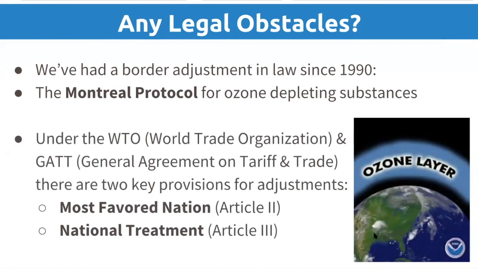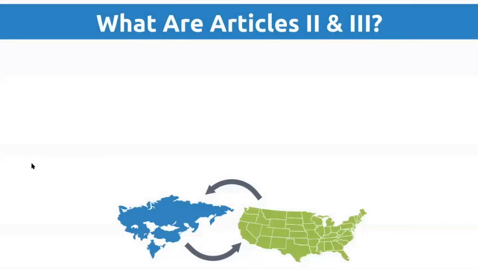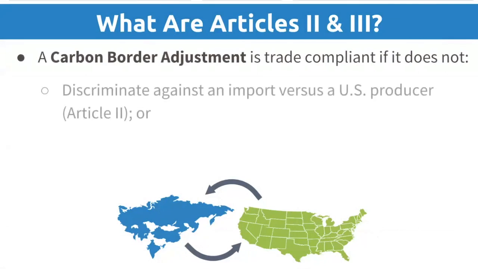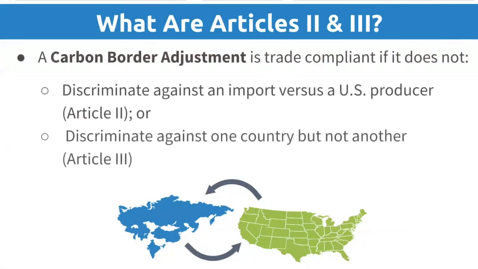The most favored nation, Article 2, and national treatment, as it's called, is Article 3. These two articles only create a problem if the following occurs: if there's discrimination against an import versus a U.S. producer, or if there's discrimination against one country but not another. The CCL border carbon adjustment levels the playing field with no discriminatory impact.